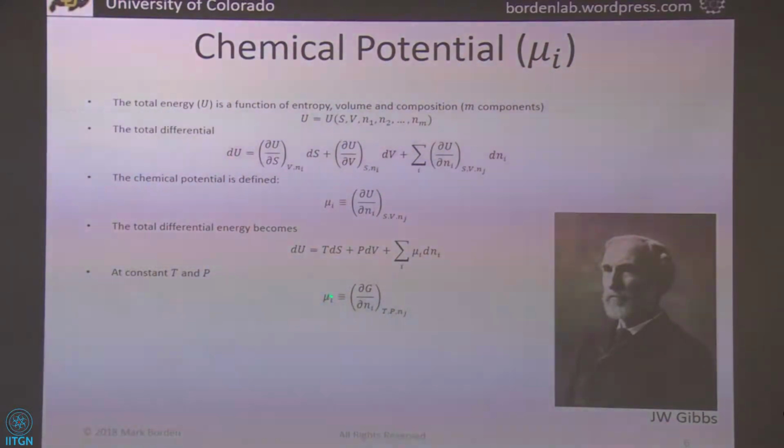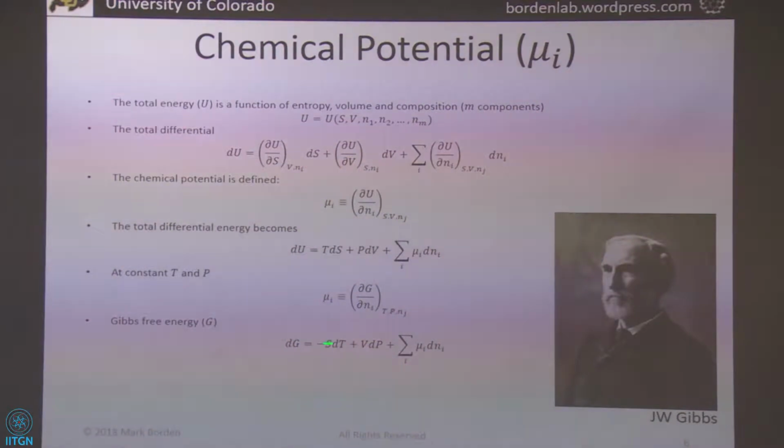then the chemical potential can also be defined as a change in Gibbs free energy versus the change in the number of molecules of that species at constant temperature and pressure. So you can also relate it to the Gibbs free energy.